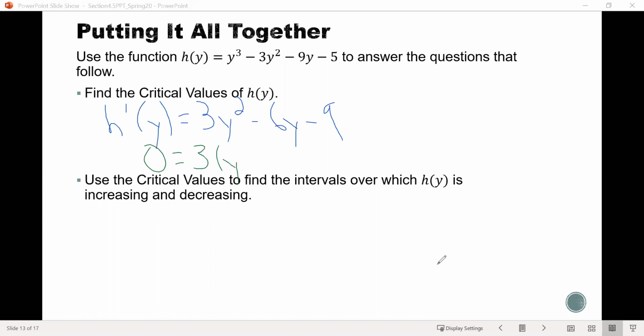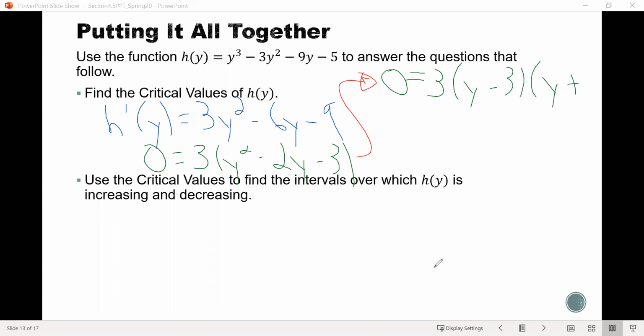So I have 3 times y squared minus 2y minus 3. It looks then like we can factor that to 0 equals 3 times y minus 3 times y plus 1. And then from that, we can get that our critical values are y equals 3 and negative 1.